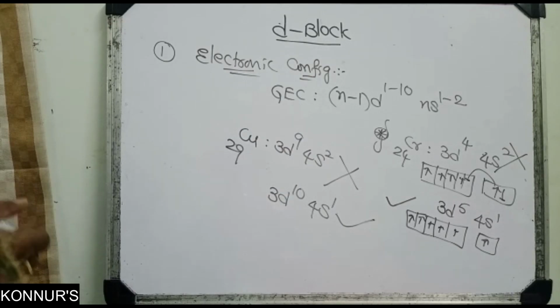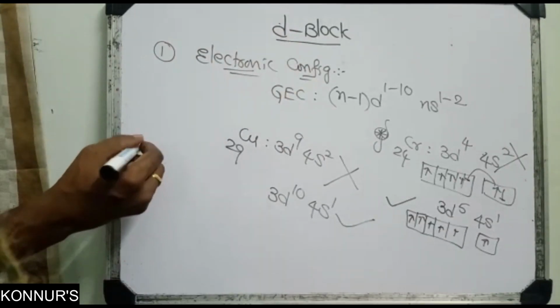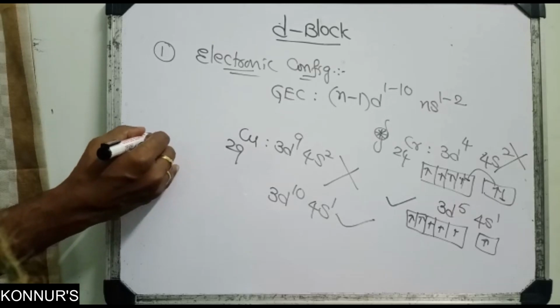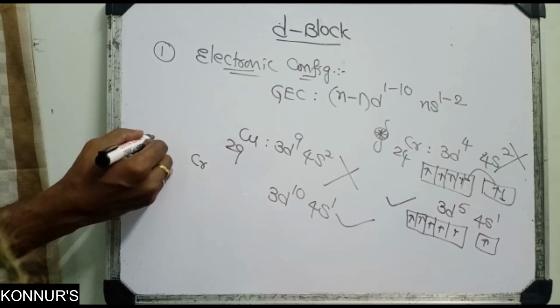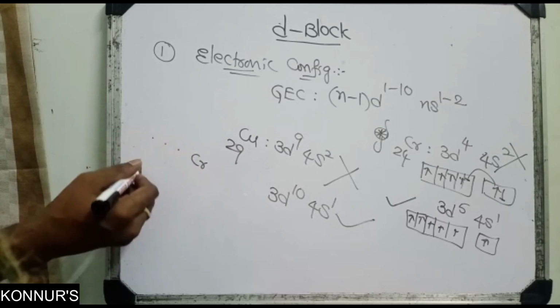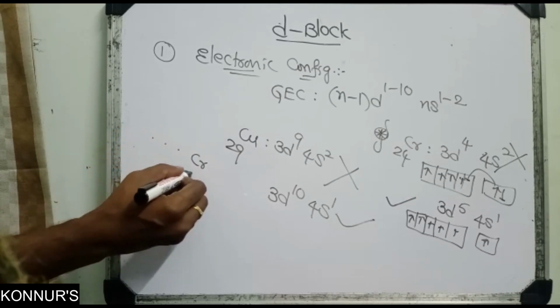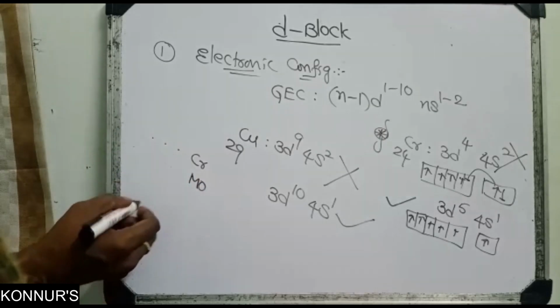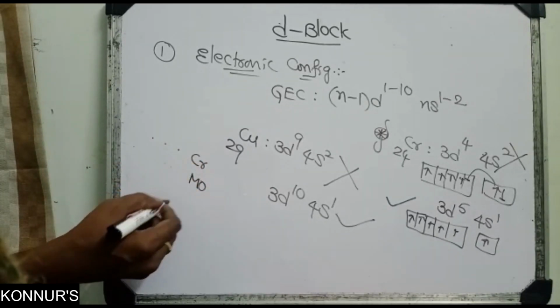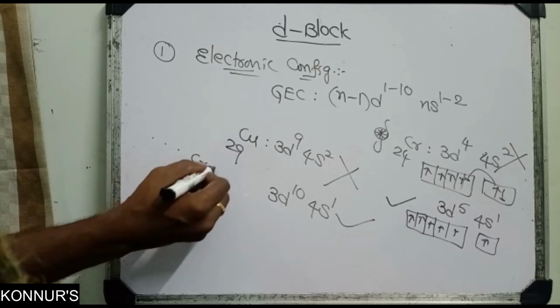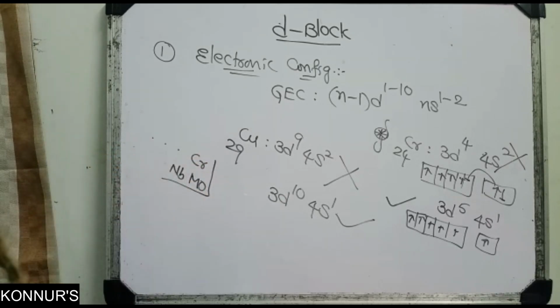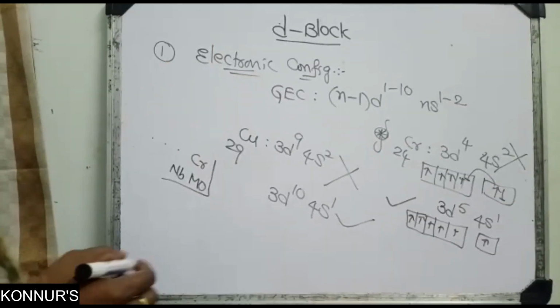Next, if you see, who are below chromium? Scandium, titanium, vanadium, chromium; next yttrium, zirconium, niobium, molybdenum. Below that also the same problem will be there. Below chromium, these have different electronic configurations.